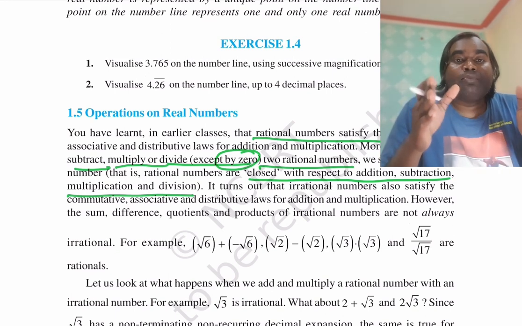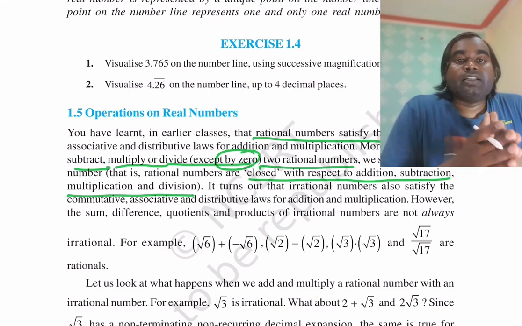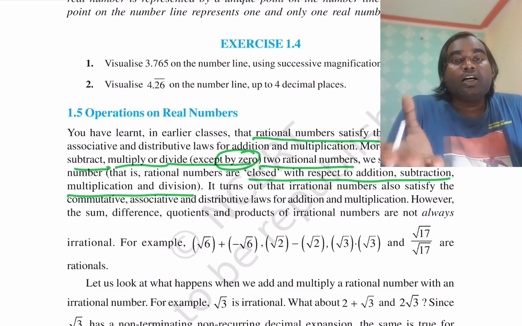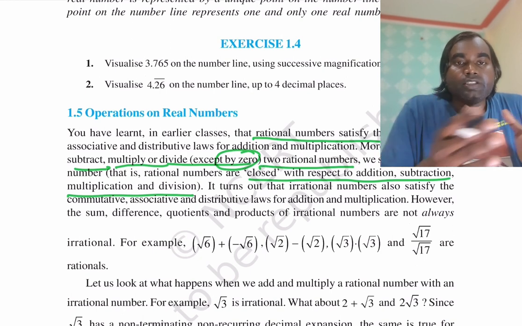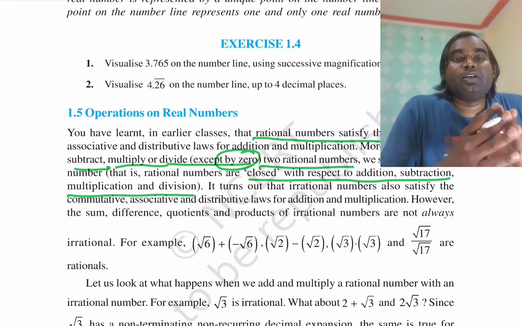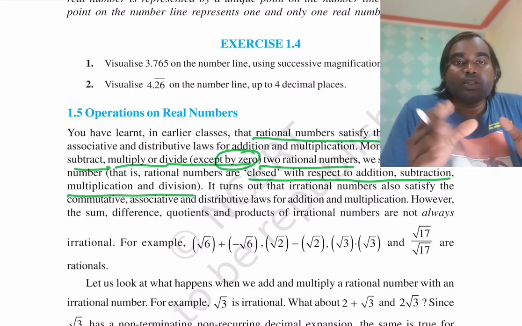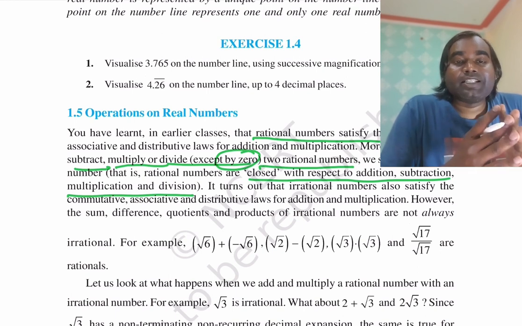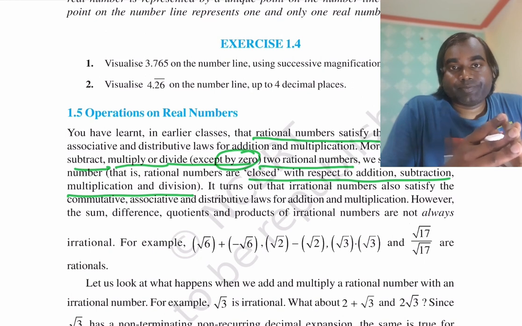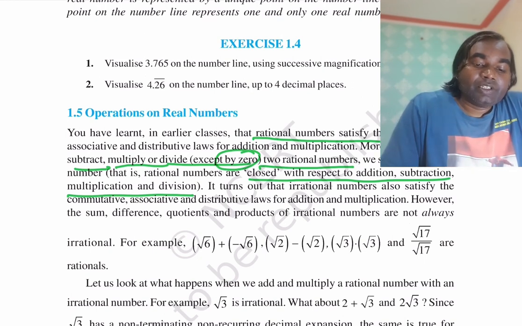If you are multiplying, dividing, adding or subtracting two rational numbers, the result will always be a rational number. But irrational numbers are not like that. In case of irrational numbers, the result is different; it may be the same.